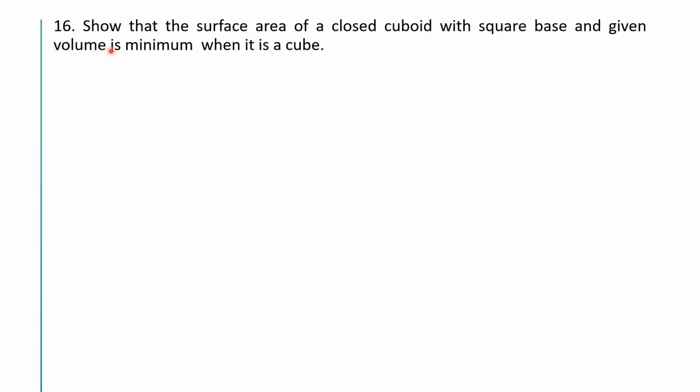Next question, show that the surface area of a closed cuboid with square base and given volume is minimum when it is a cube. So we have to show that the surface area of a closed cuboid whose base is a square base and a given volume is minimum when it is a cube. Or we have to show that the side of the square base is equal to the height of the cuboid.